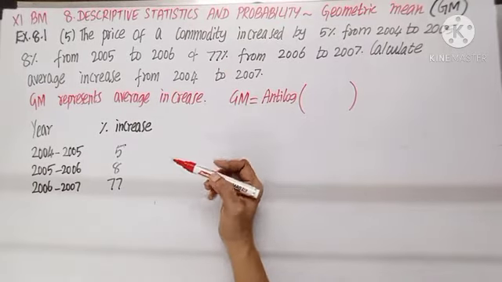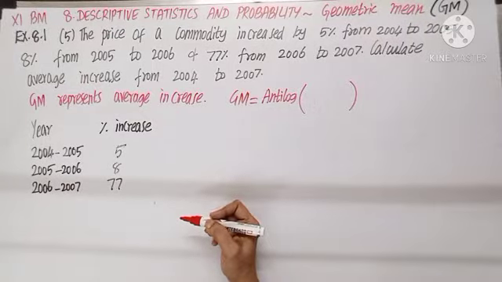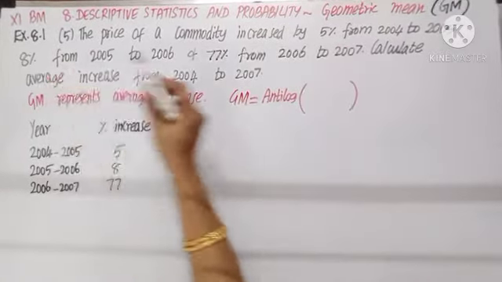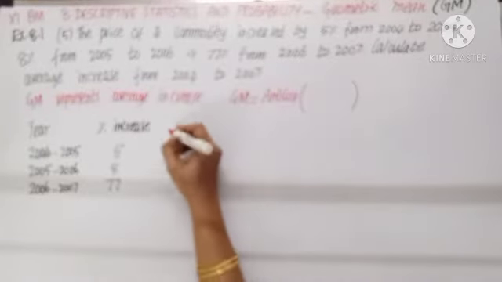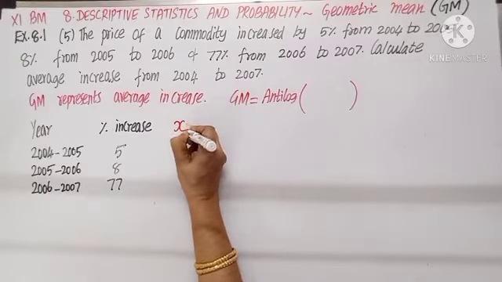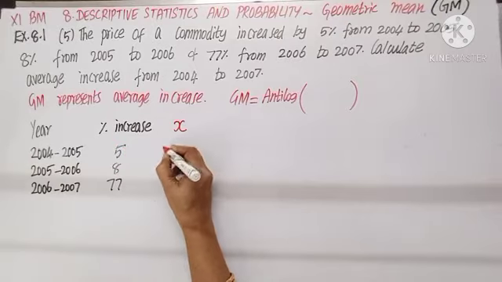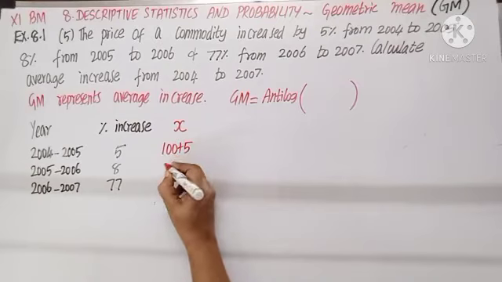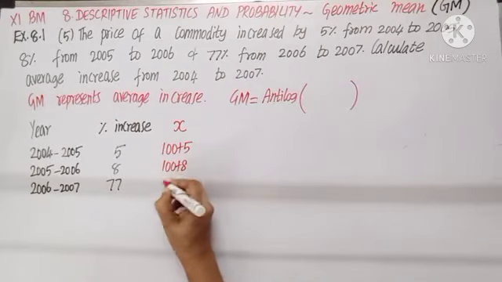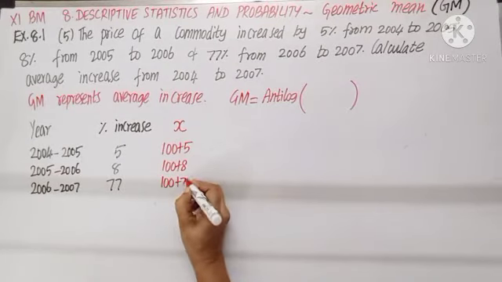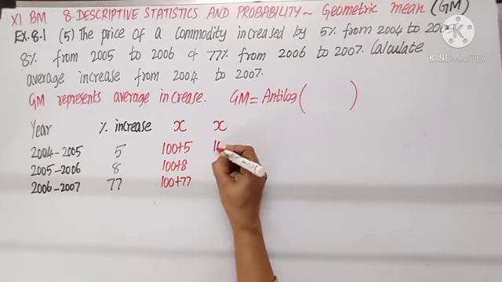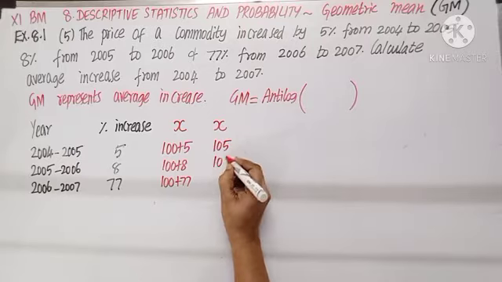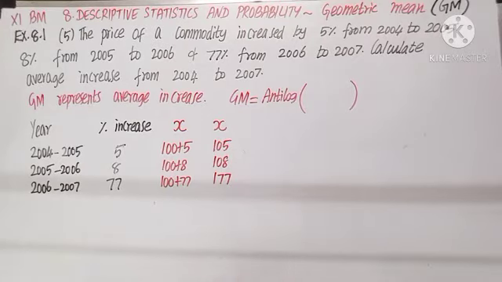First of all, what data is it? 5, 8, 77 are mentioned as percentages. Consider the x values by adding 100 with them because it is percentage increase. 100 plus 5, 100 plus 8, 100 plus 77. So let us consider x value is 105, 108, 177.